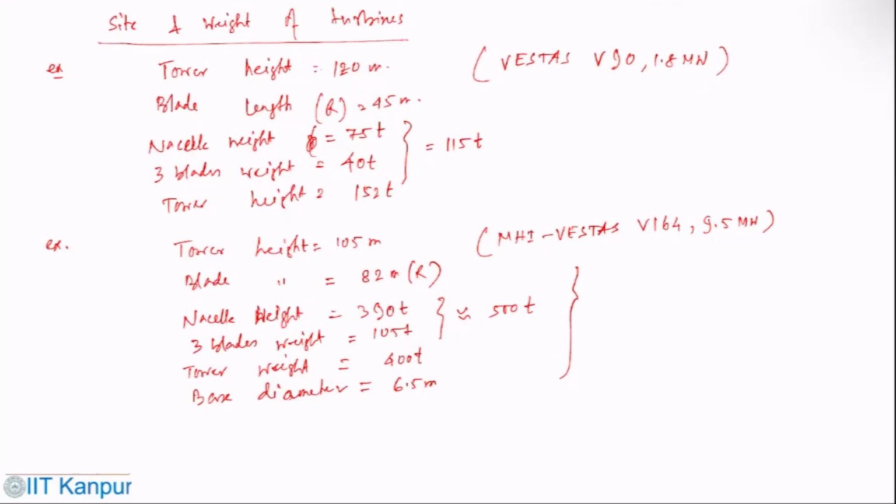Now, when we talk about these towers, what is important is to talk about stiff and soft towers and other things. So we can talk about stiff and soft towers.